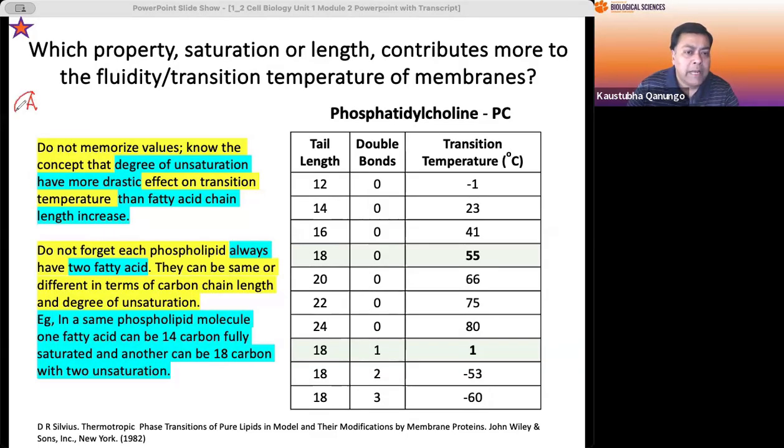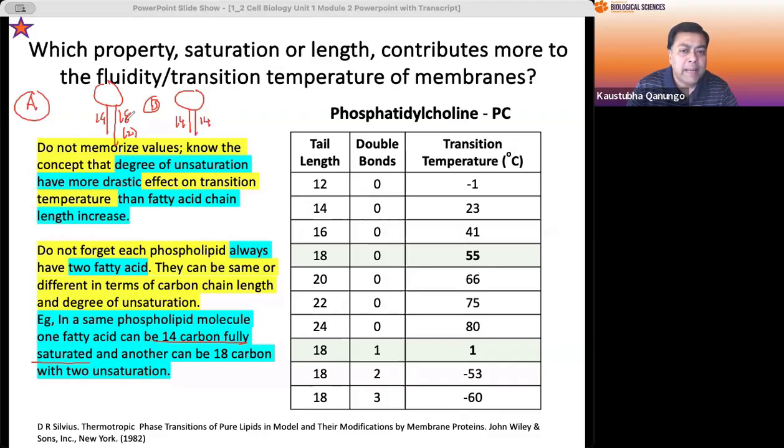So suppose you have an A, and as I said right here, one fatty acid is 14 carbon, fully saturated. Another is a little bit longer, 18 carbon, and it has 2 unsaturations. Then you have another one, say B, right here. You have 14 carbon in this one, and 14 carbon in this one.